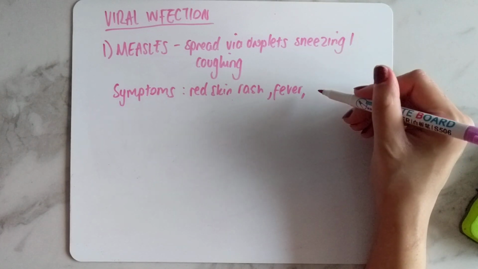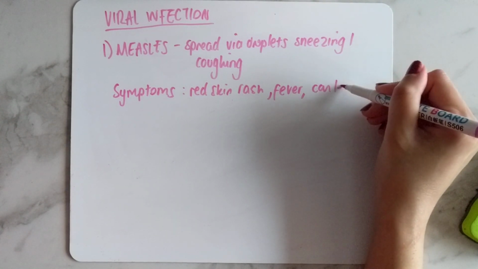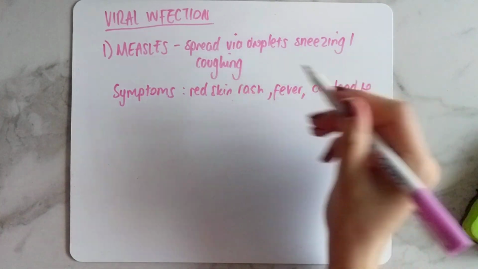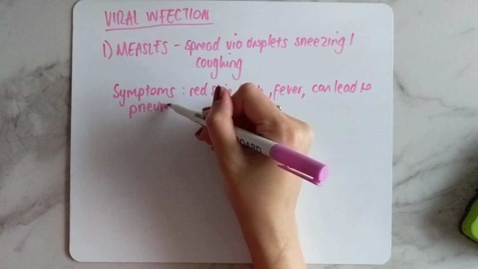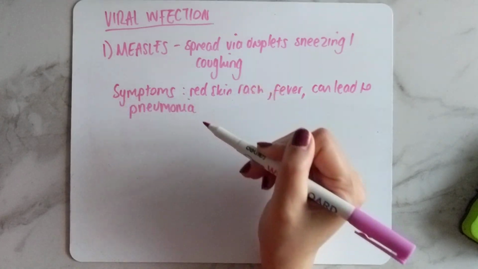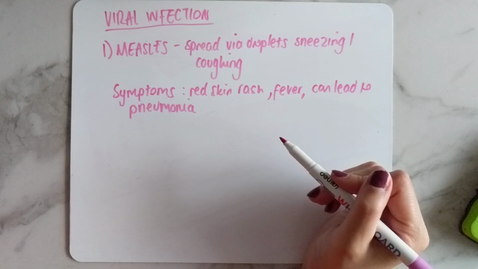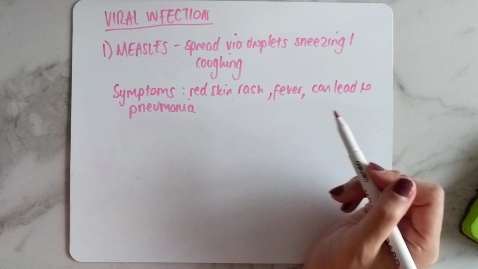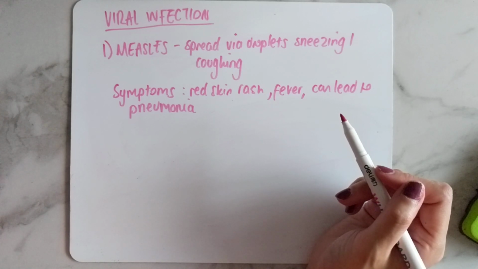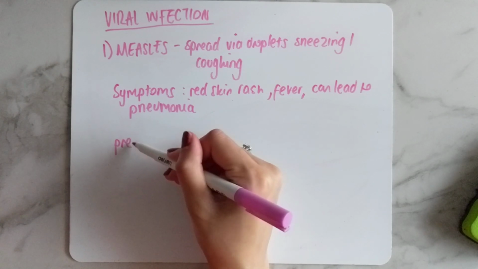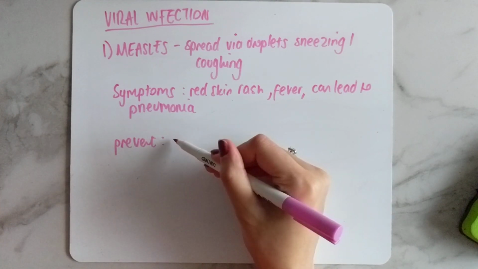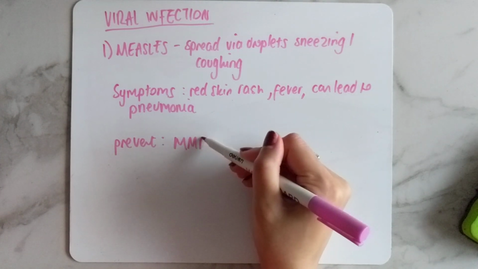So red skin rash, fever, but it can also lead to pneumonia. So you would end up in hospital with pneumonia. So it is quite a harsh one. And lots of people are therefore vaccinated. So to prevent you catching measles, the MMR vaccine is given.